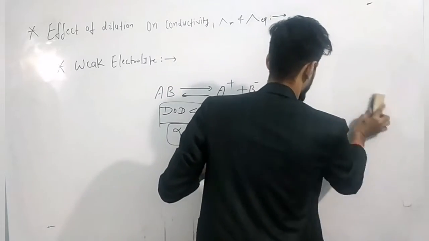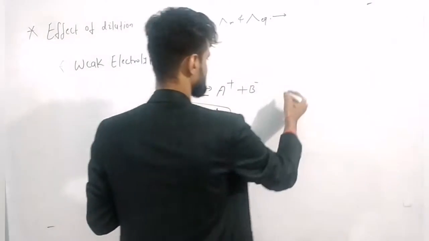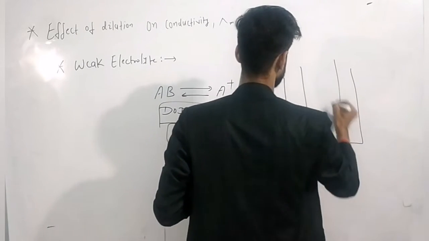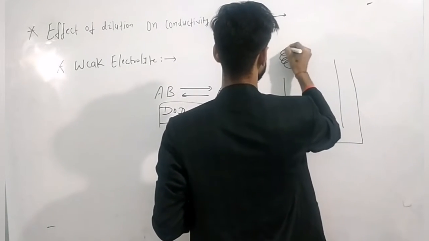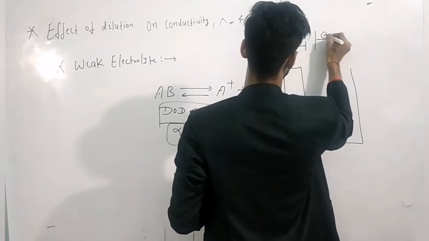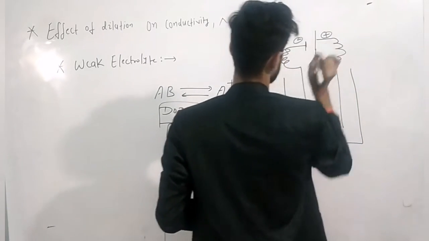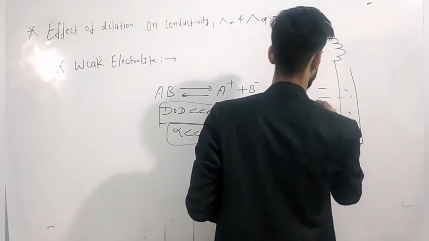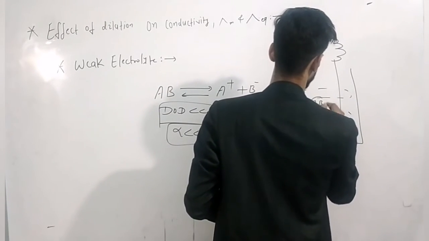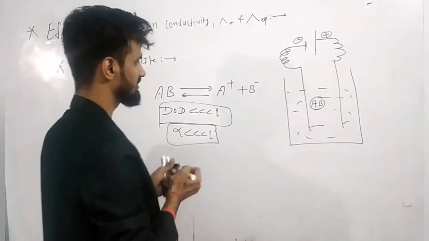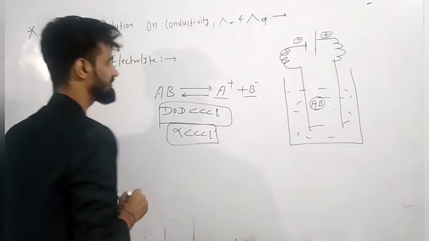Understand one thing. After passing electricity, just connect the circuit with the help of a cell. Now you are putting weak electrolyte here, AB. After passing electricity, AB is going to be dissociated, so the number of ions you will get is A plus and B minus.